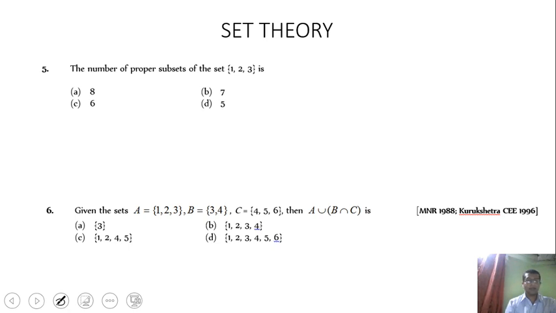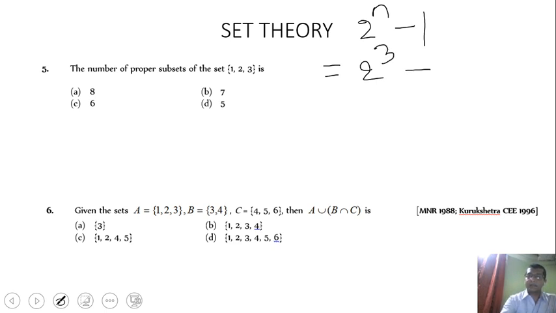Example number 5, the number of proper subsets of the set 1, 2, 3 is given by the expression 2 raised to n minus 1, where n is the cardinality of the given set. In this example, the cardinality of the set is 3.